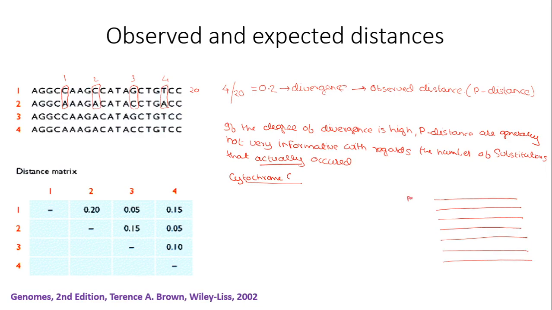This is the cytochrome C sequence from plant. This is from yeast. This is from fish. This is from arthropod, or say, for example, a cephalopod. This is from echinoderm, and we have one from birds and another from mammals.